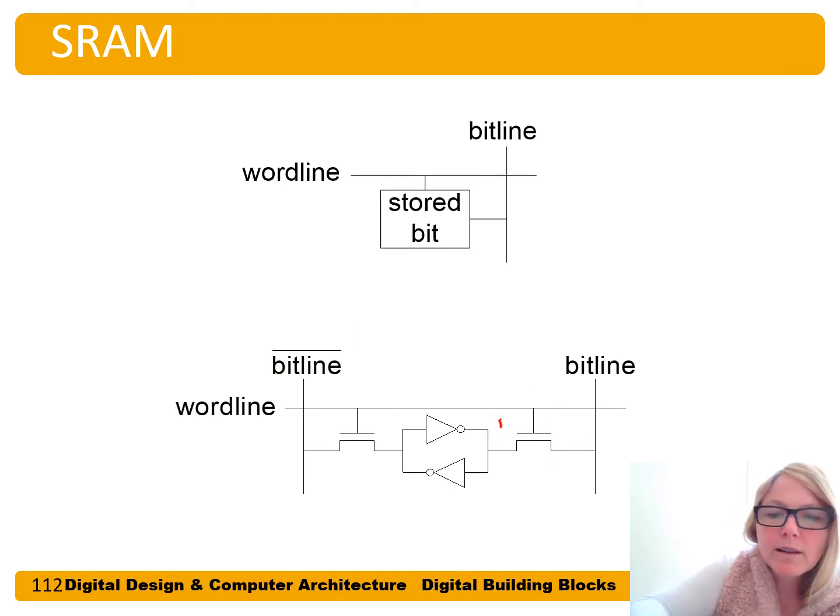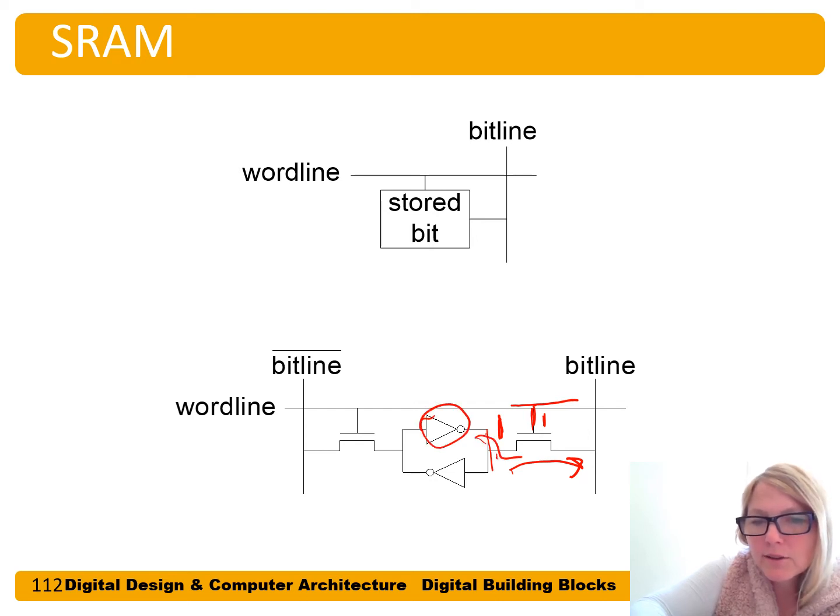If there's a 1 stored, the word line goes high and enables the flow of charges. This inverter is actively driving that 1 onto that bit line.